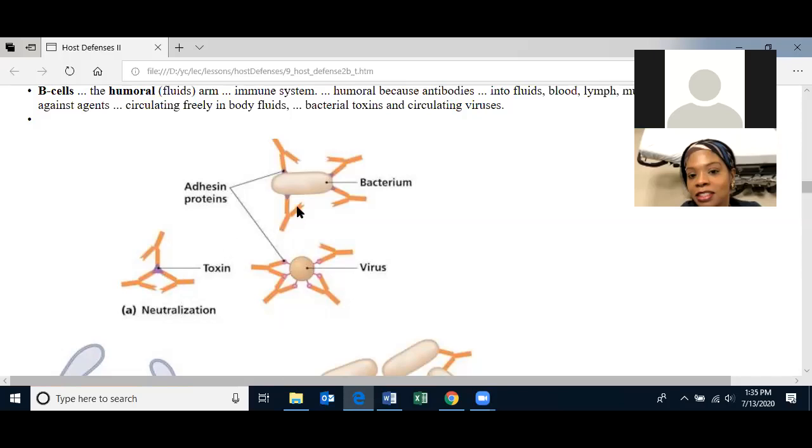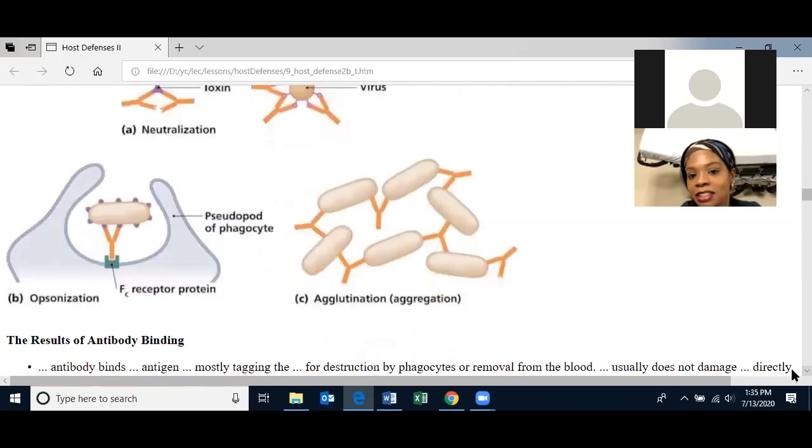And if you prevent the pathogen from binding to a host cell, it can't infect the host cell, and therefore it doesn't do damage to the host cell. And that's neutralization.